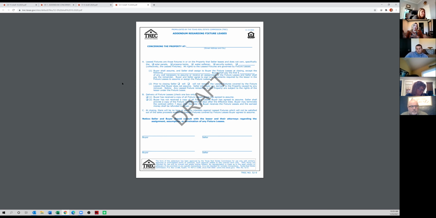The other thing, and where this is so important, is that any payments reflected on these fixture leases are going to have to be added into the DTI for your buyer when they buy the house. So let's say we have a solar panel lease, and the dude that came in and sold them solar panels told them, hey, $100 a month for these solar panels. I just saved you $200 a month on your electricity bill.